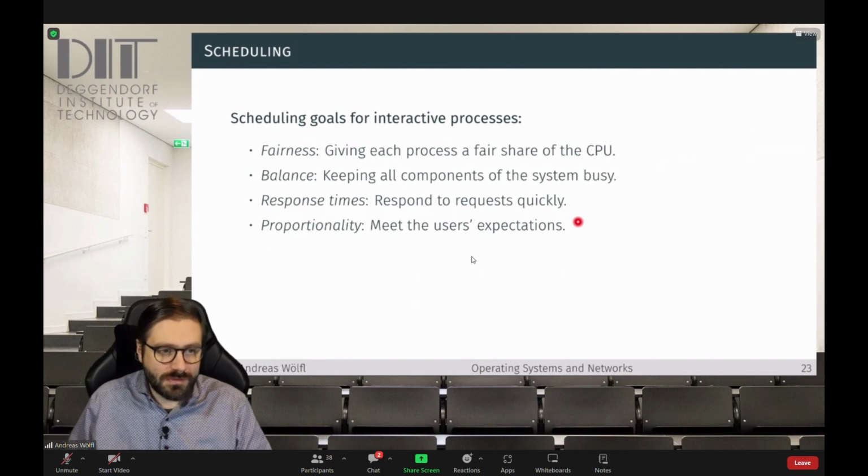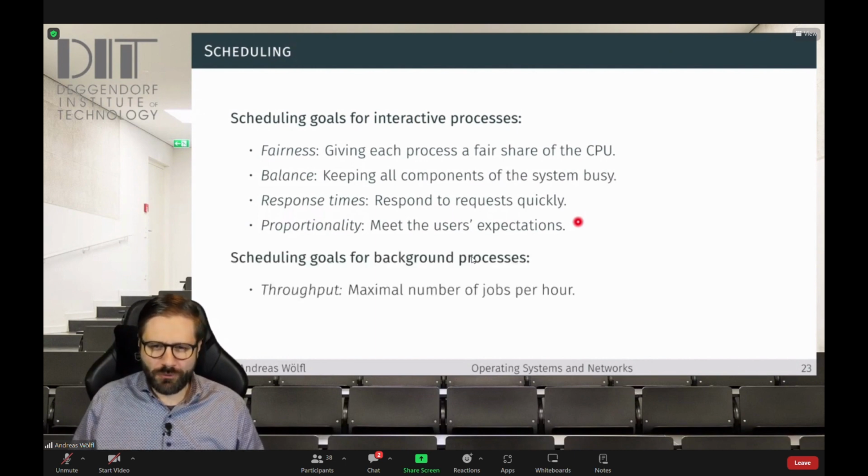But users have an inherent but often incorrect idea of how long things should take, and this obviously has an impact on the scheduling of processes. In other words, what a scheduling algorithm should take into consideration is that the user has expectations, and if it's possible, we should meet the user's expectations in order to keep the user happy.